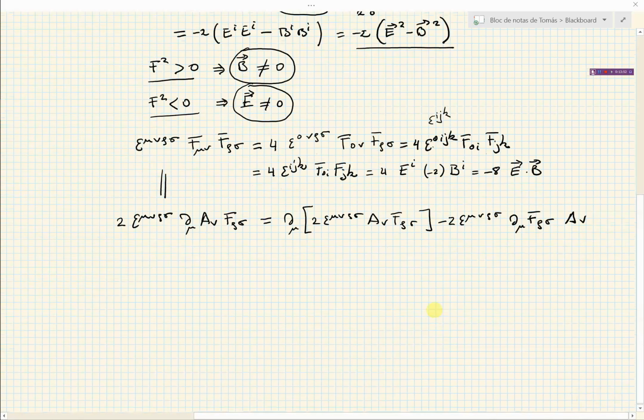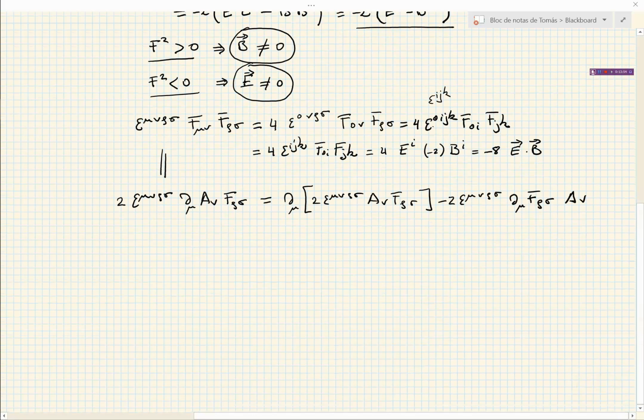I am using the fact that I can put this epsilon inside or outside of the partial derivative. Now these three indices mu, rho, and sigma are contracted with three indices in epsilon, which is completely antisymmetric. So these three indices are completely antisymmetrized, even if I don't write it explicitly. But the Bianchi identity tells me that this is automatically 0.